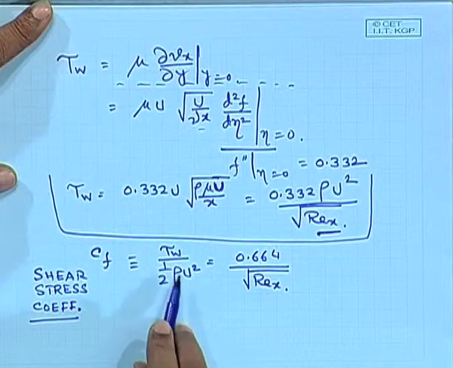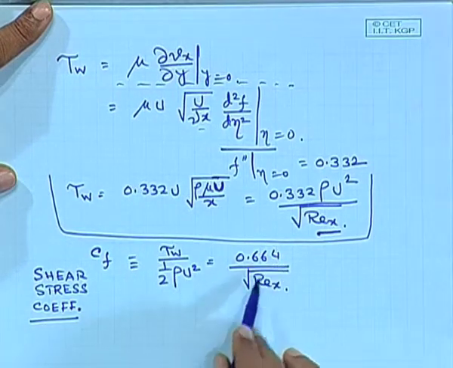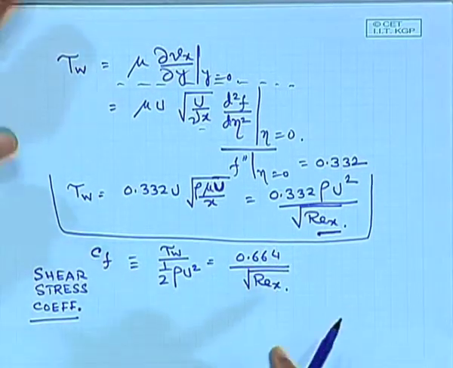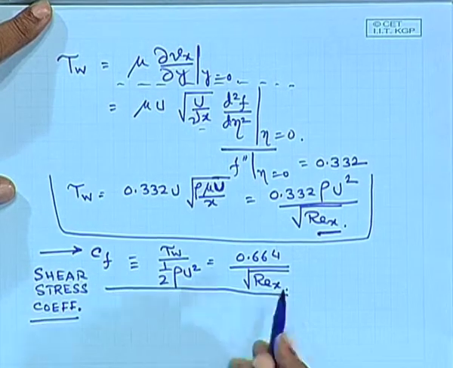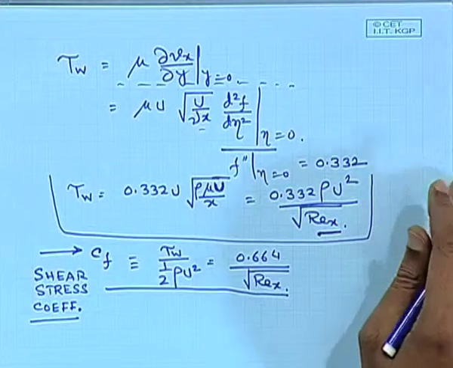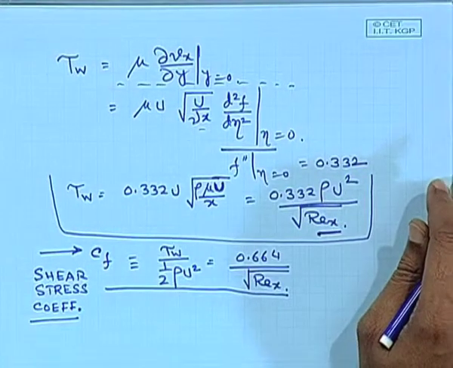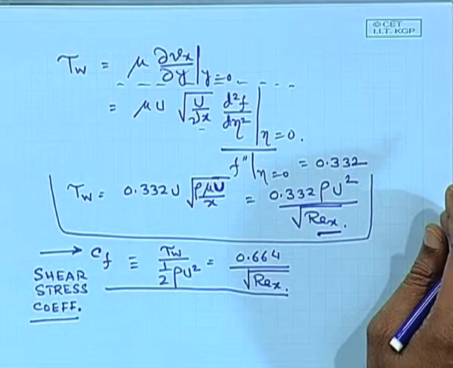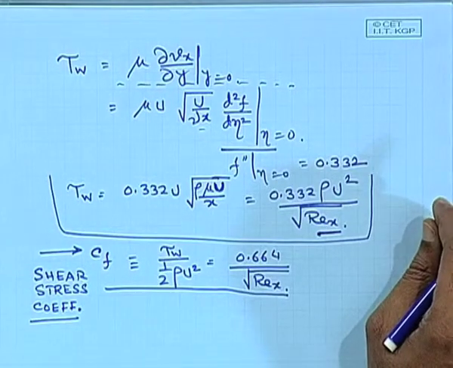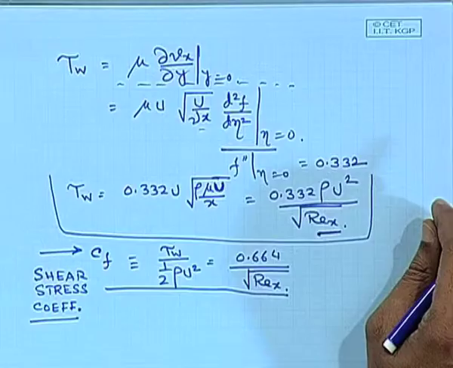It is a definition only, and it is 0.664 by root Re_x. So, these two, this one and the expression for delta which we have obtained from the exact method by Blasius, are going to be very useful tools in finding out what is the total amount of force needed, shear stress, and what is the thickness of the boundary layer at each point.